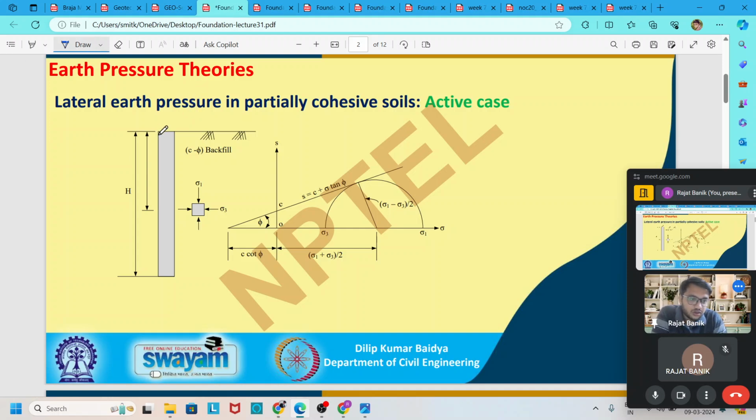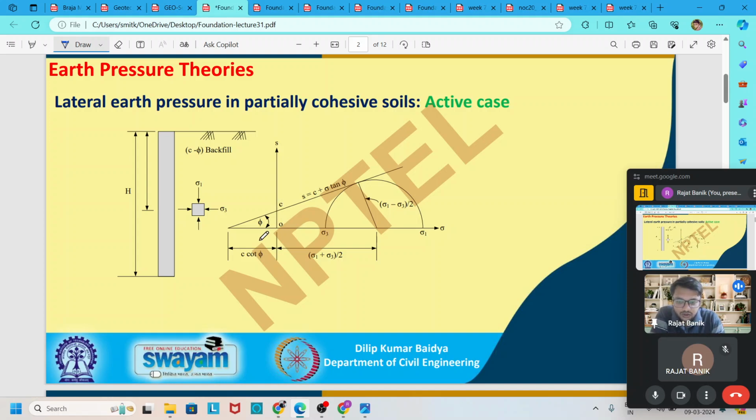If we draw the Mohr circle diagram, the failure surface starts after going with the cohesion.